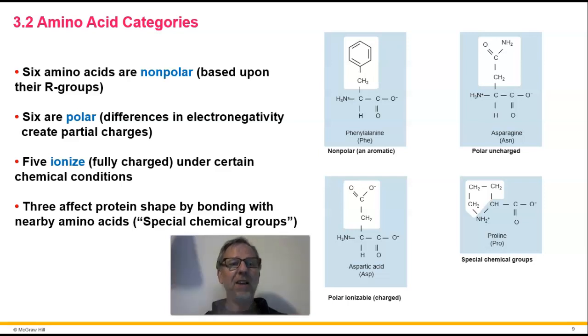There are 5 different amino acids that are ionized, either negative or positive. There are 6 that are polar, and there are 6 that are nonpolar. The remaining 3 are special kinds of amino acids that bond together with nearby ones in a protein and very much affect the shapes of the proteins.